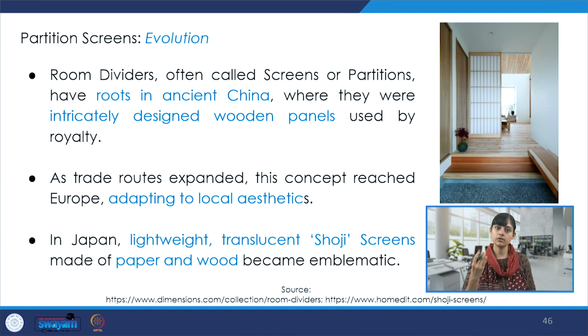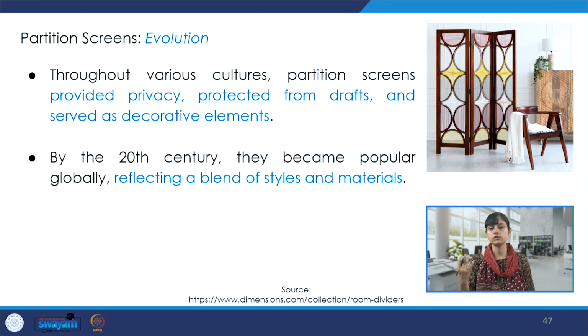And as the trade routes expanded, this concept also reached Europe and other parts of the world. And according to the context and the local aesthetics, some of the designs were sort of adapted and adopted. And also in the case of Japan, we see the shoji screens, which are made out of paper and wood, and they are known the world over. So we see some of these concepts evolution wise.